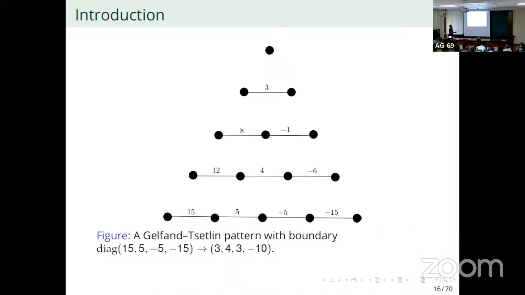So here, for example, this pattern certifies that there exists a Hermitian matrix with eigenvalues 15, 5, minus 15, whose diagonals are 3, 4, 3, and minus 10. The 3 comes from here, the 4 comes from this 7 minus 3, this 3 comes from 10 minus 7, and this minus 10 comes from 0 minus 10.